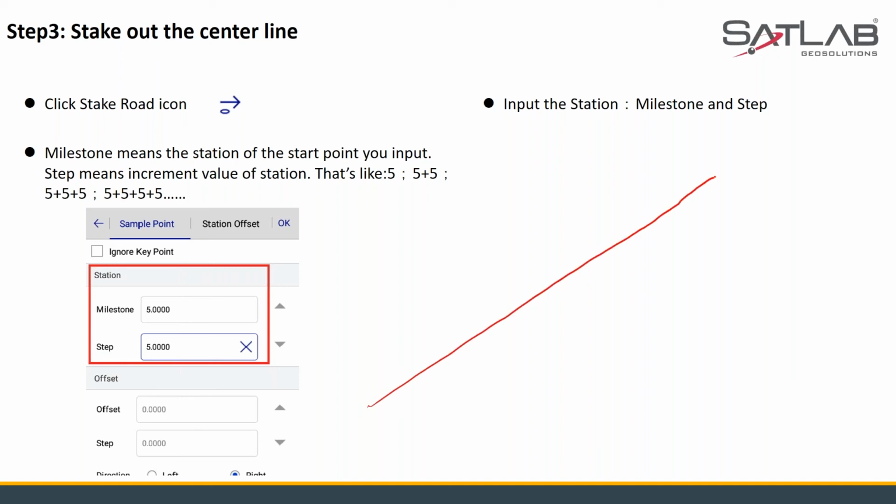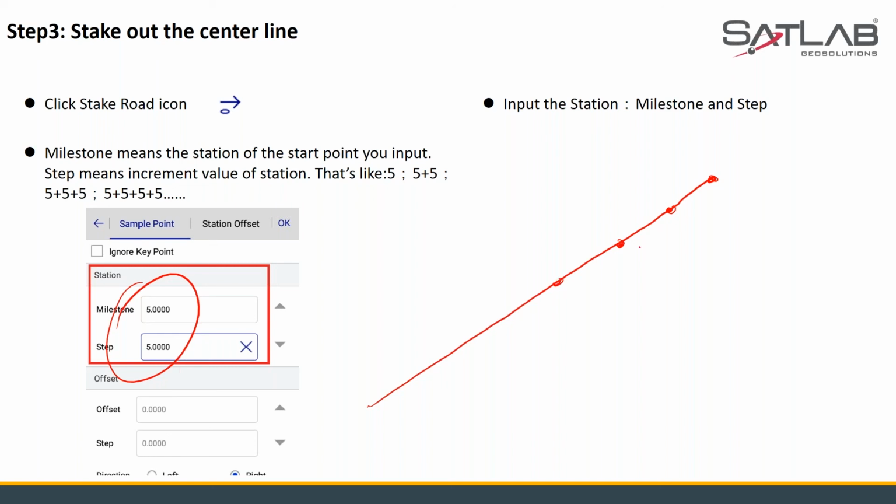So if my customer says I need the points to be staked out at a 5 meter interval, I can select 5 here, and every 5 meters I'm going to stake, like 5, 10, 15, 20, 25, and so on. This is exactly what the milestone is.